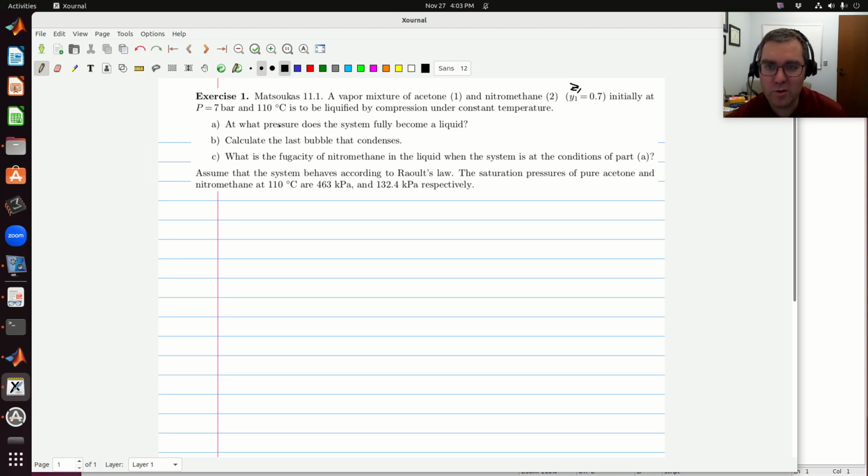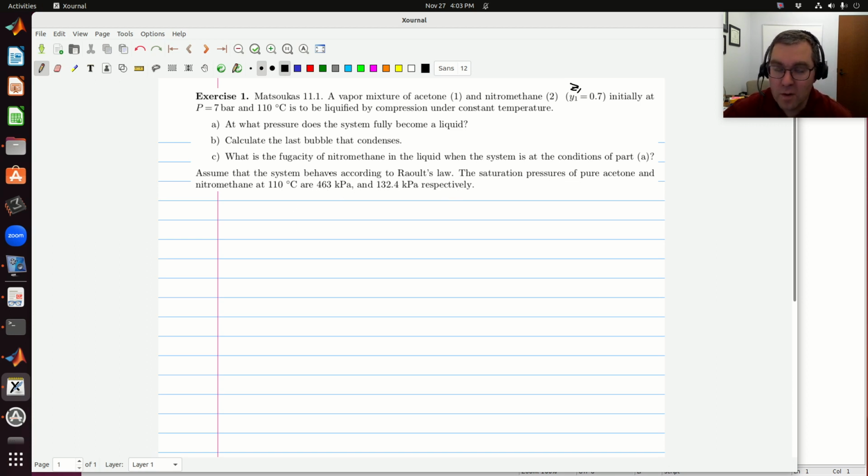Then we're asked, at what pressure does the system fully become liquid? Calculate the last bubble that condenses, and what is the fugacity of nitromethane in the liquid when the system is at the conditions of part A. Where I think it's a typo is that we're given saturation pressures at 110 degrees C. This is P1 sat and P2 sat.